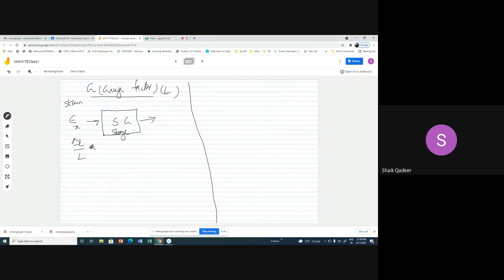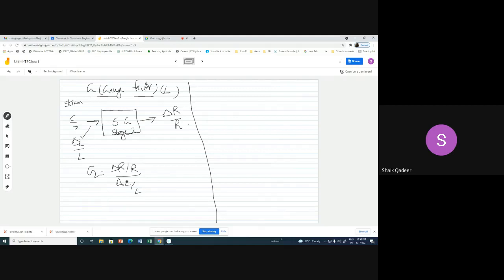Either delta L by L or delta D by D is the input; we will consider only one factor at a time. Say we are measuring the deformation delta L by L. Stage 2 converts this delta L by L to delta R by R. So the gauge factor is delta R by R divided by delta L by L.